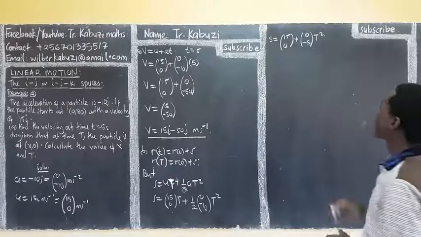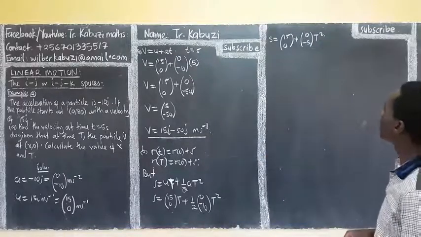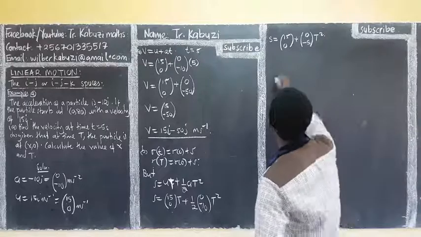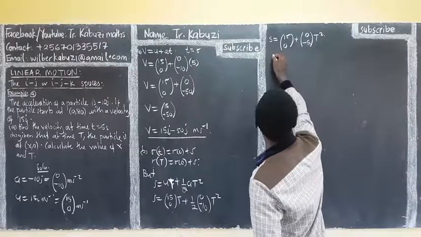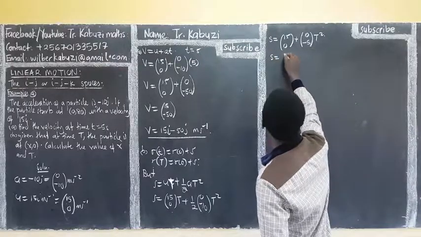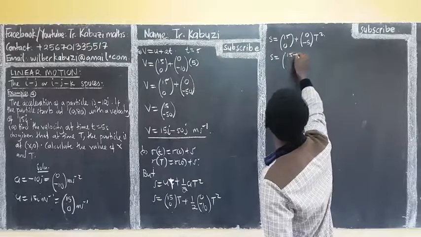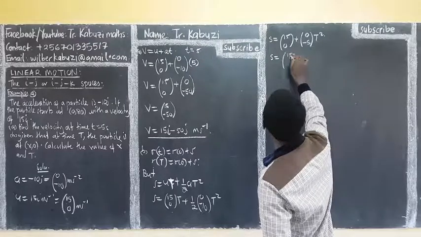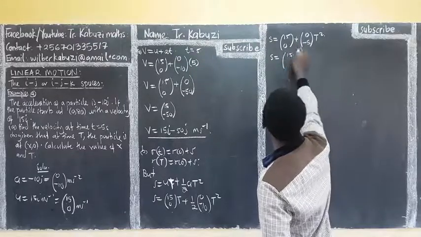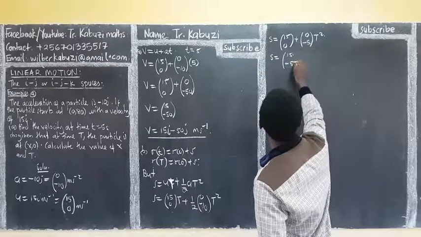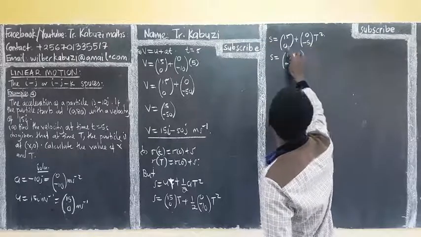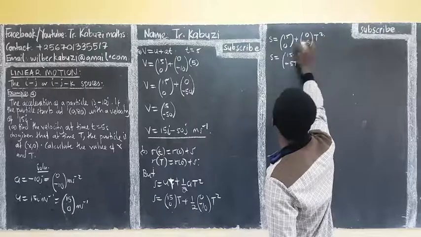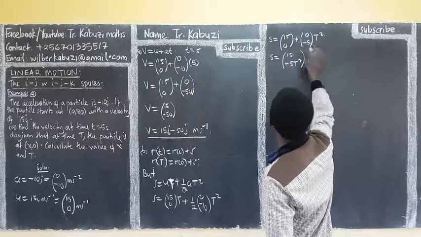So from there, I have what my S is. I can even add, so this would be 15T, this plus this is 0, then this would be negative 5 T squared.